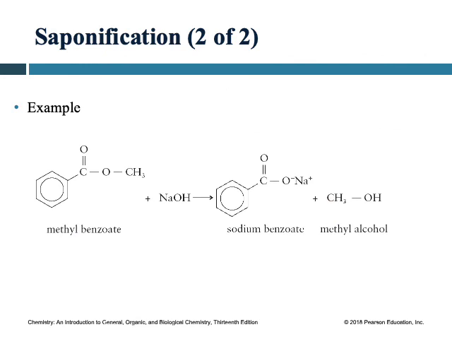Let's take one example of a saponification reaction and try to apply the concept that we learned in the previous slide. So this is an ester compound. We know this is an ester bond. So what's going to happen? This bond is going to break.